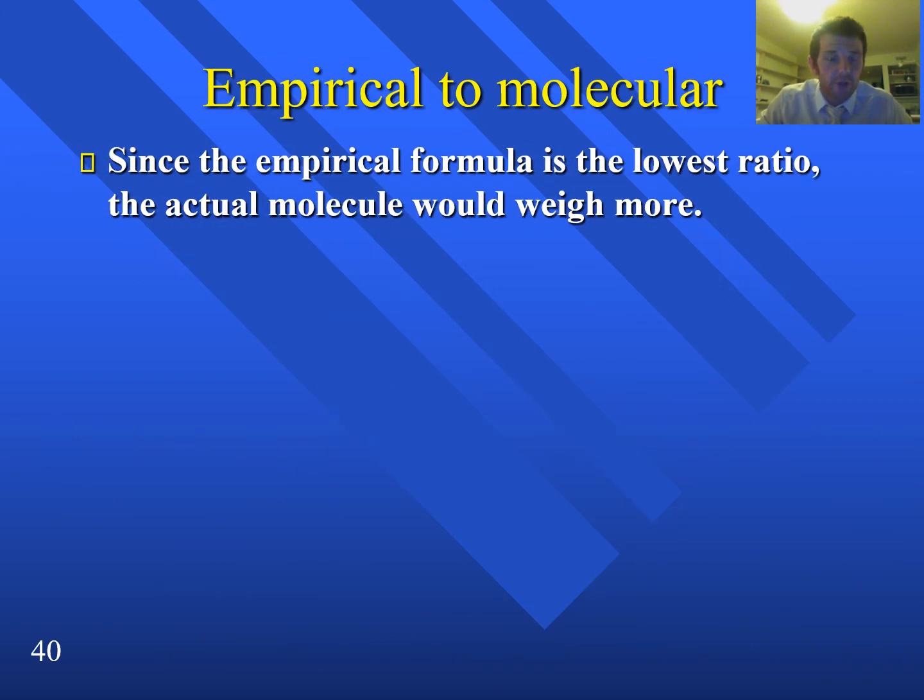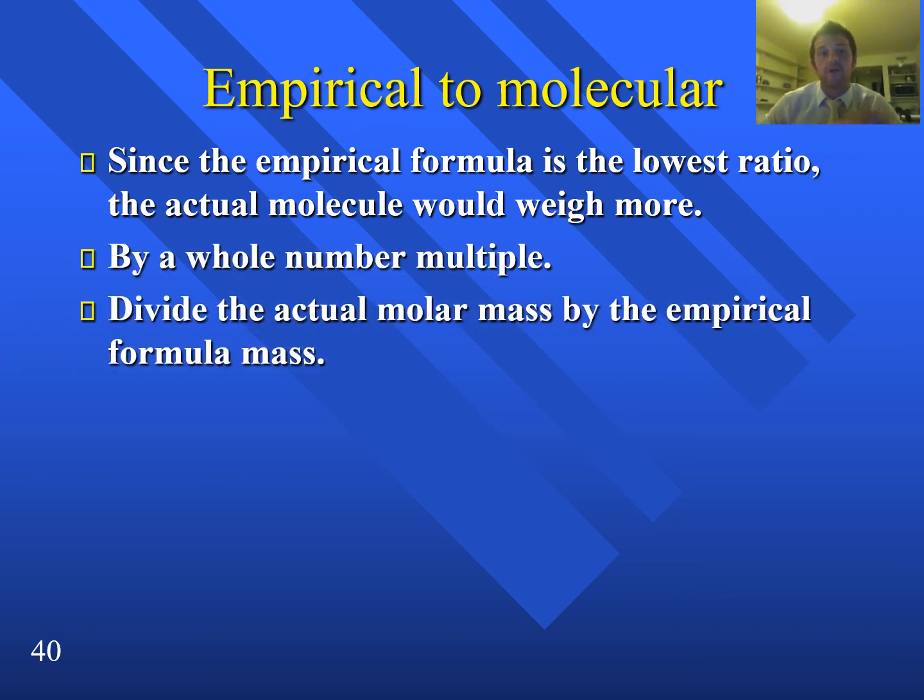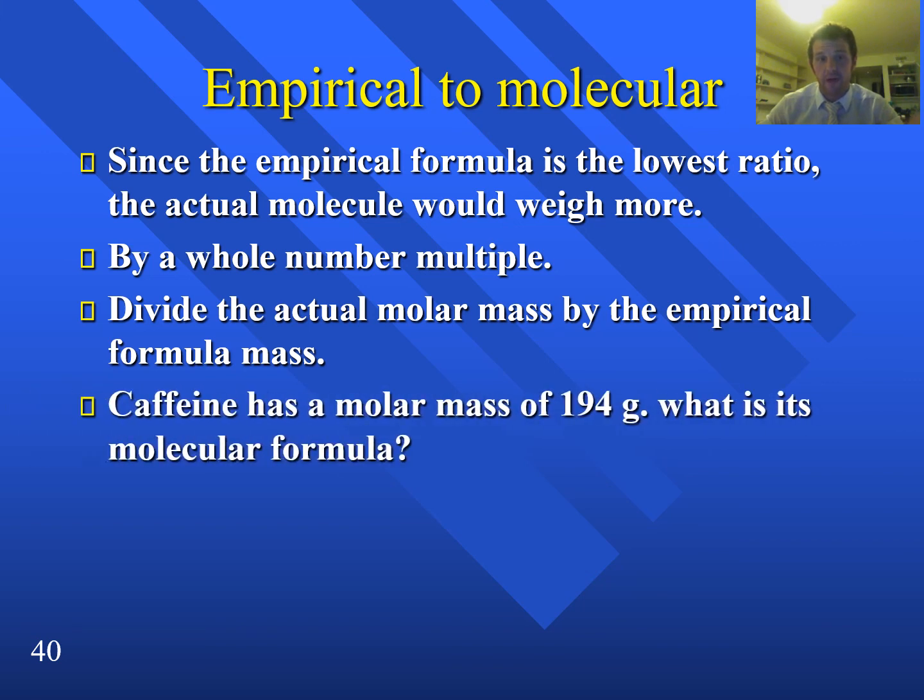So since we know the empirical formula is the lowest ratio, the actual molecule would weigh more. Because remember, the empirical is when we've divided it all down. So what we would do is we would divide the actual molar mass by the empirical formula mass.